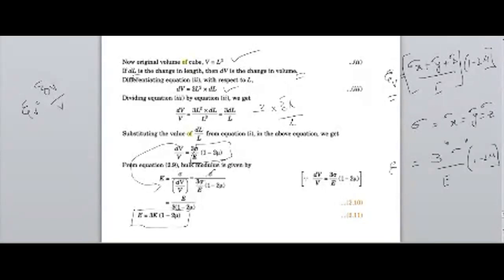It is volumetric strain. So I need to cross multiply it. Therefore, E is equal to 3 into sigma by volumetric strain into 1 minus 2 mu.